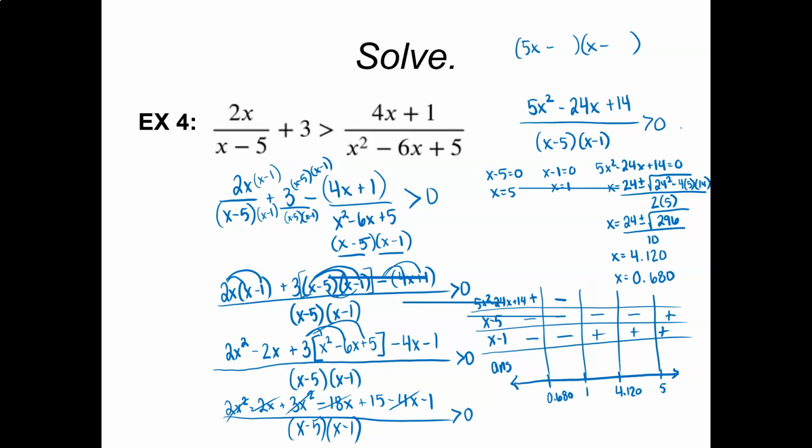Something between 1 and 4. Let's do a 2. I'm still getting a negative there. I got negative 14 when I plug that in. And something between 4 and 4.120 and 5 is going to be something like 4.5.